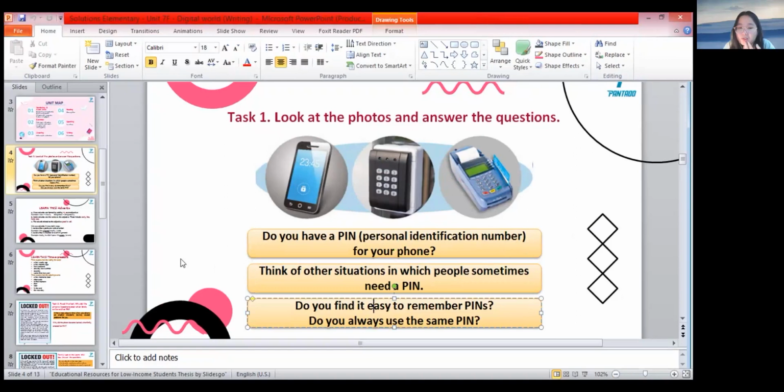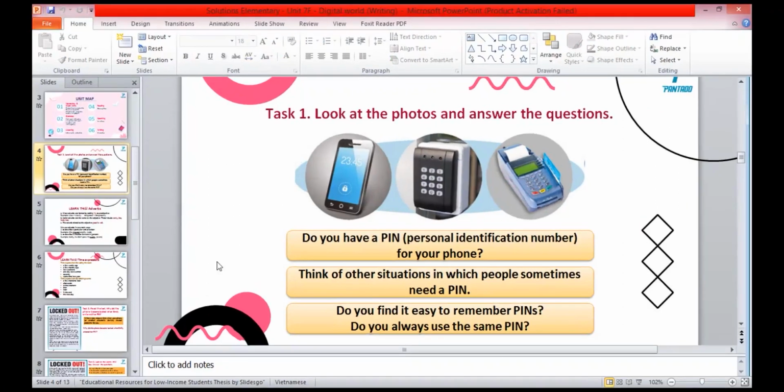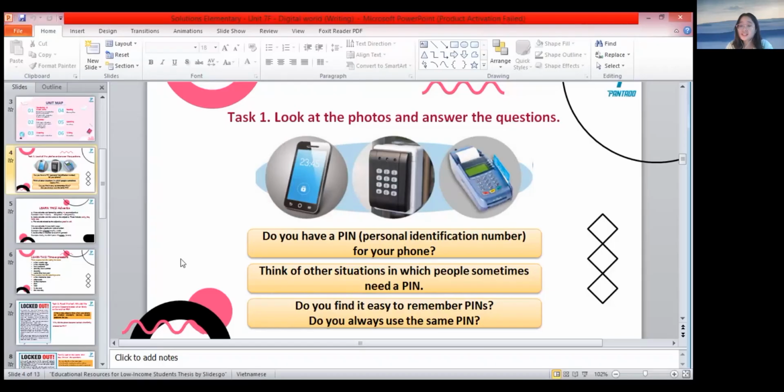Do you think it's easy to remember the personal identification number, or hard to remember?